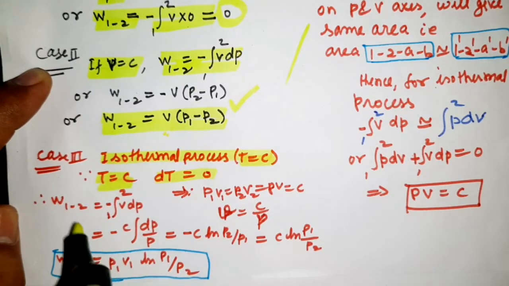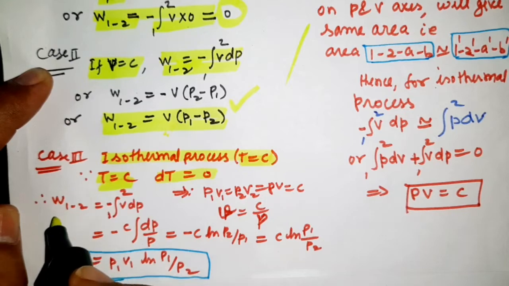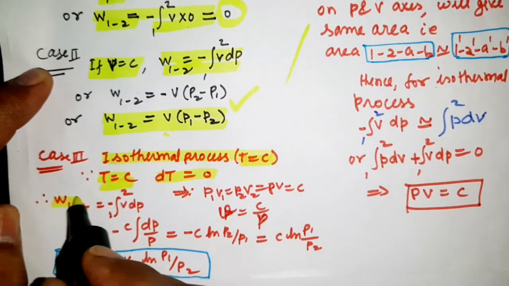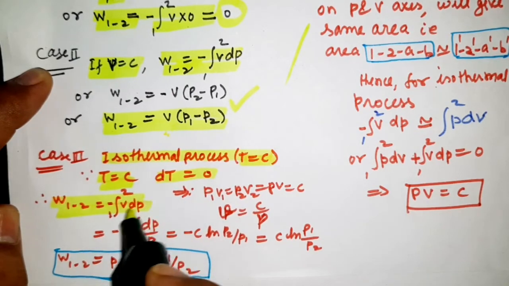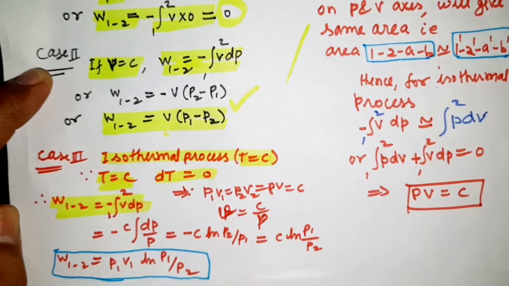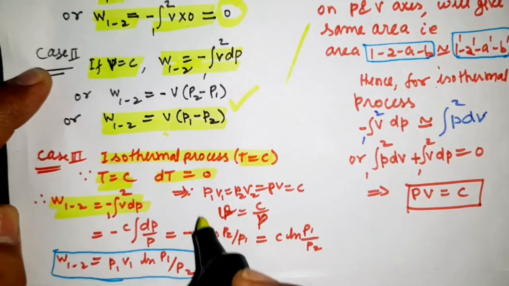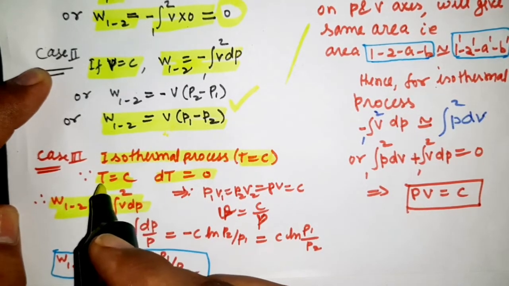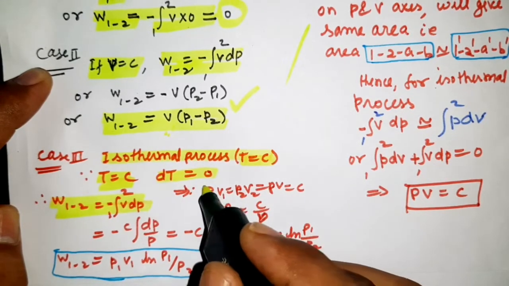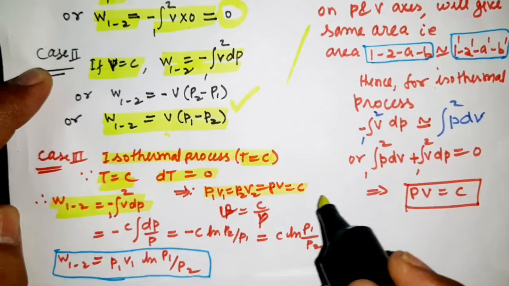Now we can apply this formula for the work done during this process 1 to 2. W1 to 2 is equal to integral of minus V dP, limit 1 to 2. Here T1 is equal to T2, then we can say P1 V1 is equal to P2 V2, which is PV equal to constant.